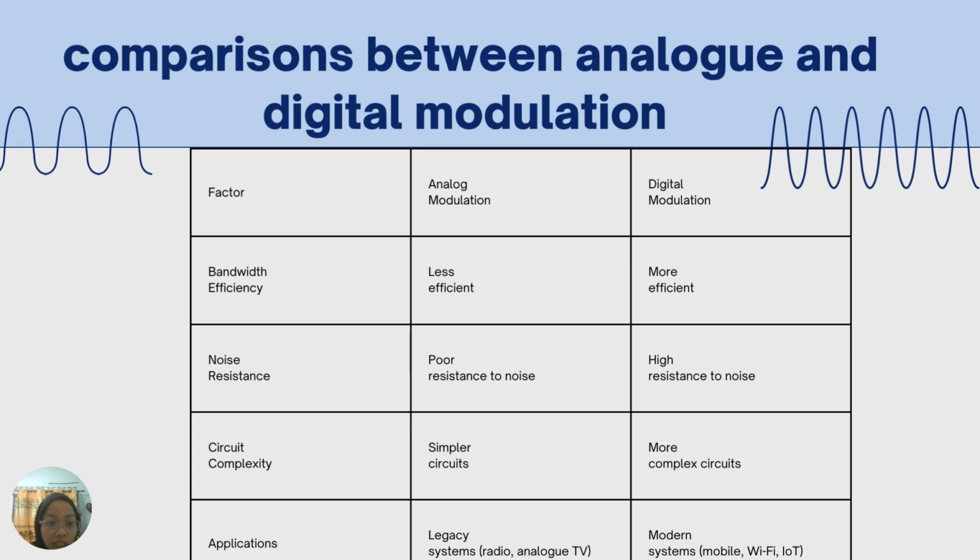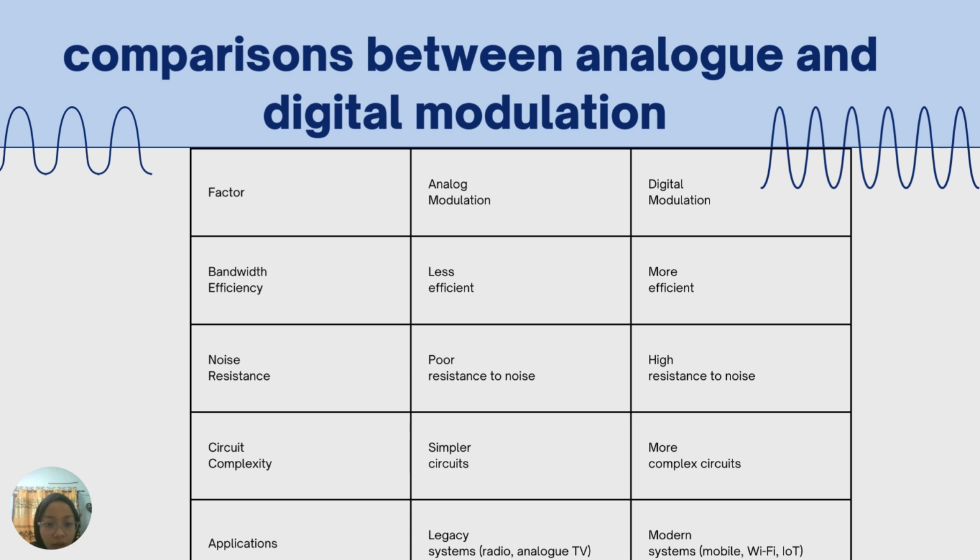And the last one: analog modulation is mainly applied in legacy systems and applications that require simplicity and low cost. Examples include AM and FM radio, widely used for broadcasting audio.